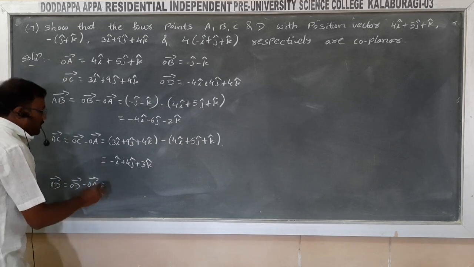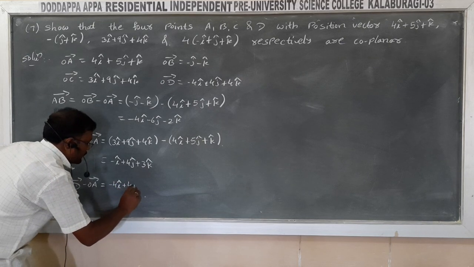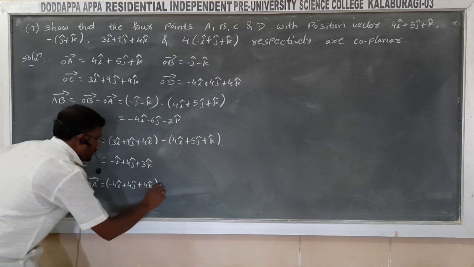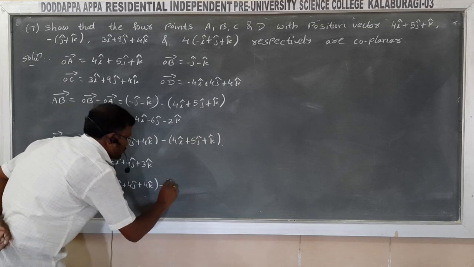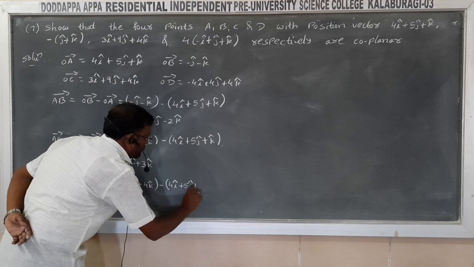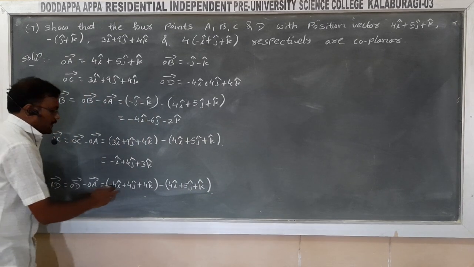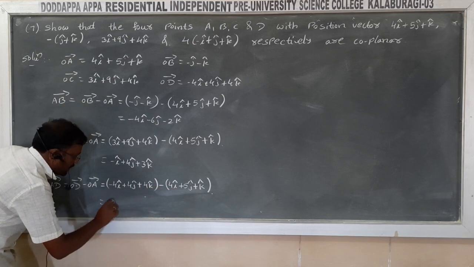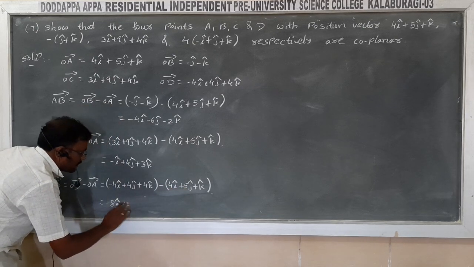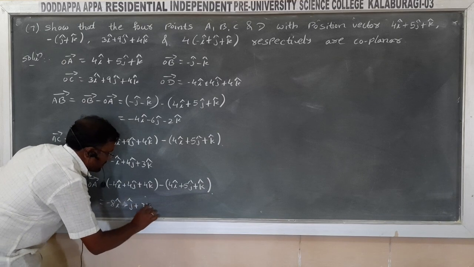OD vector is minus 4i plus 4j plus 4k minus OA vector, 4i plus 5j plus k. Now you can simplify. Minus 4i minus 4i is minus 8i, 4j minus 5j is minus j, 4k minus k is plus 3k.